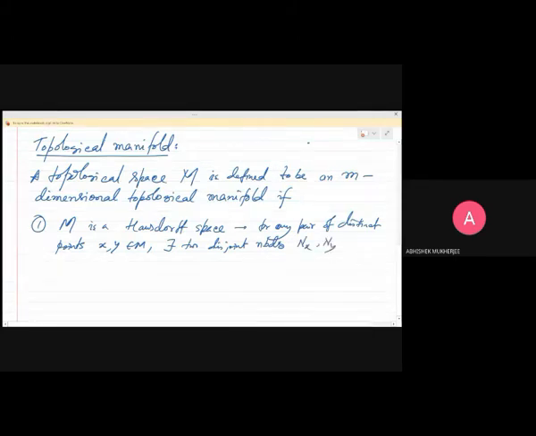Okay. So for any pair of distinct points, you can construct two neighborhoods which are disjoint. One neighborhood containing x and another one containing y.